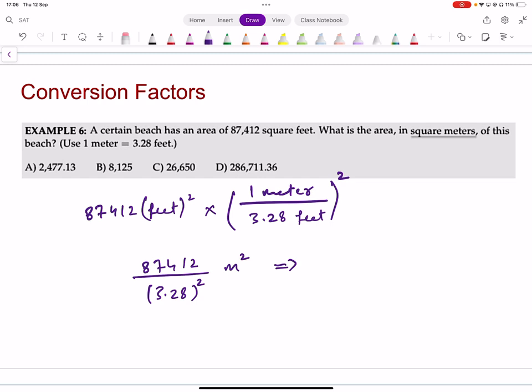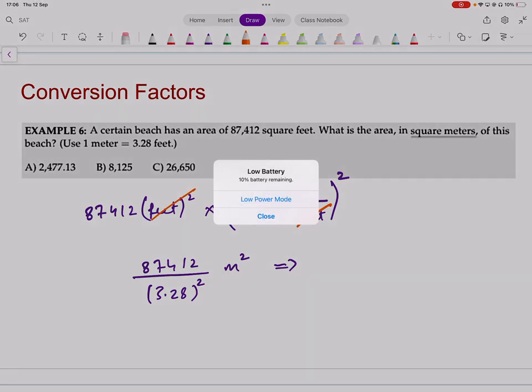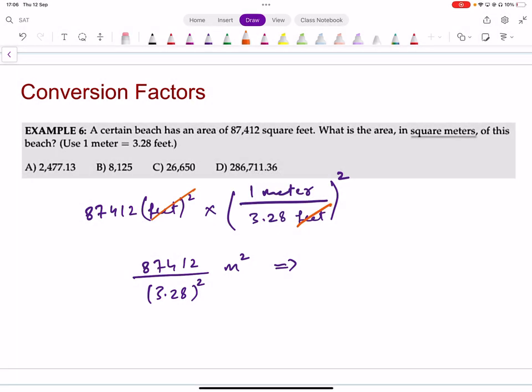What do you get from this? Feet square and this feet square, that gets cancelled out. What's the result that you get? Sorry?